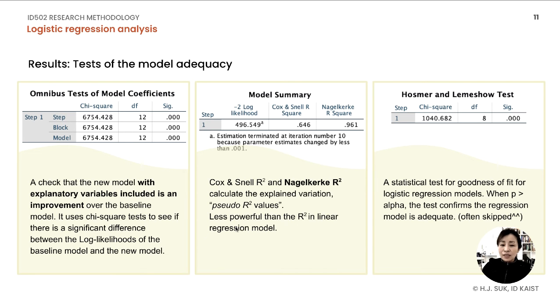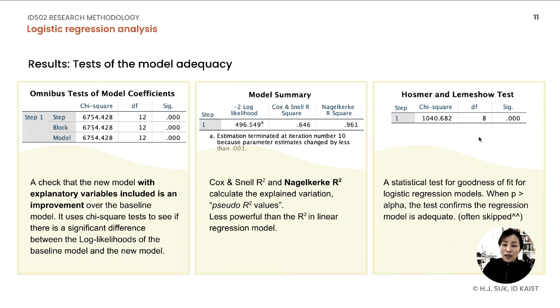This is less powerful than the R-square value in linear regression, which means that in linear regression we highly rely on the R-square value, but in logistic regression we can write down the scores, yet it does not powerfully cover how much percent of the raw data the model explains. But it's still worthwhile to include this result in your documentation. Often it is skipped. When it is statistically not significant, this confirms the regression model is adequate.